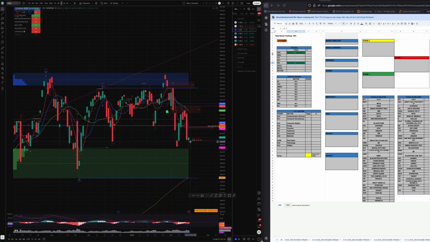Price closed right here at 601.91, so it's below these moving averages. It's slightly in stage four, trying to push for stage one to get back above the 5-day moving average. As you can see here, it hit a support level and bounced off of it.